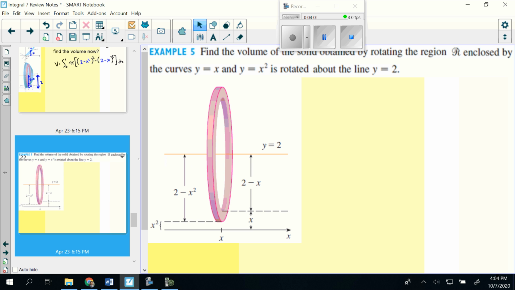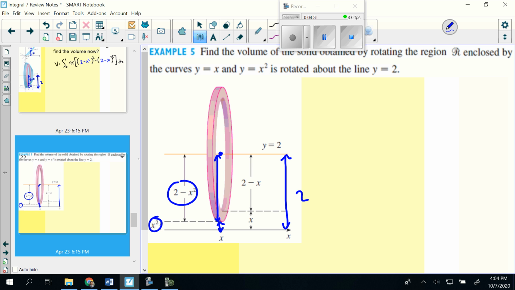So you have to do some subtraction or adding when doing that. Here's a better picture of this. Here's the center of our circle. From here to here would be our value of x squared. Here to here would be that outside radius, which would be 2 minus x squared, because we know that distance is 2.